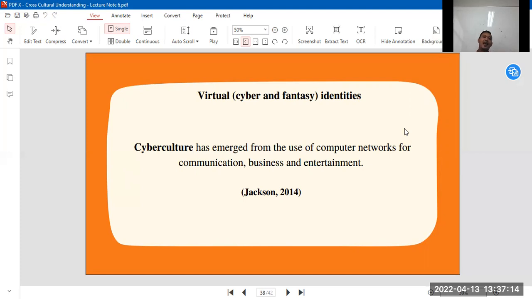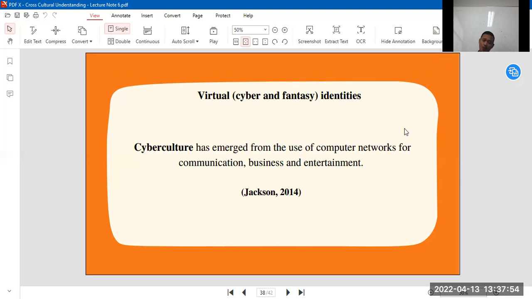The internet, gaming, and multi-user domains are spawning new types of identity. In online virtual communities such as online chat rooms and other social media, the user may create a virtual or cyber identity or e-identity, which serves as an interface between the physical person and the virtual person that other users view on their computer screen.